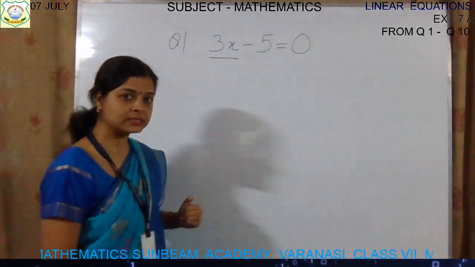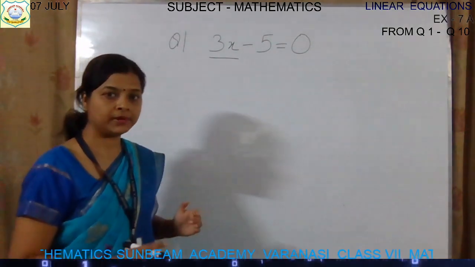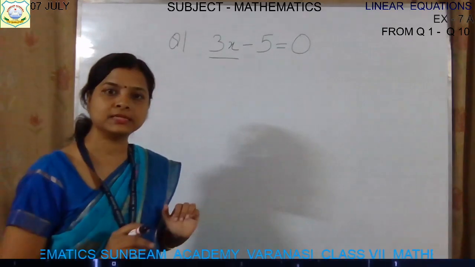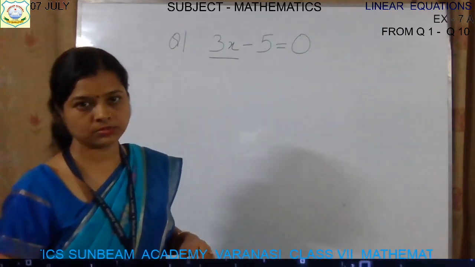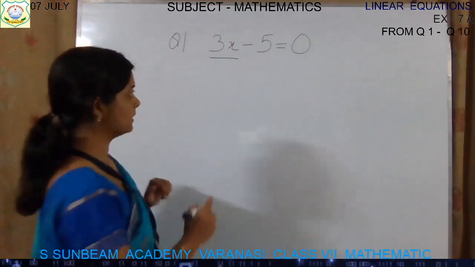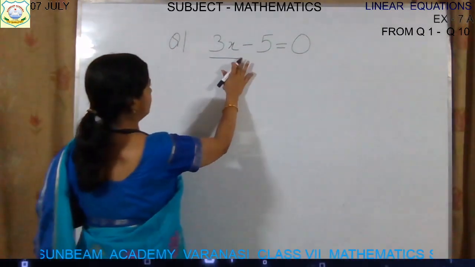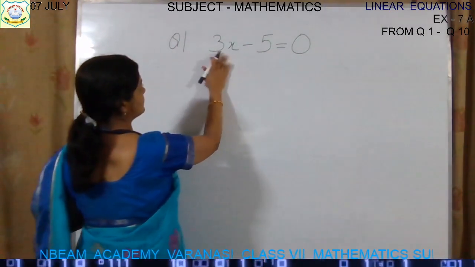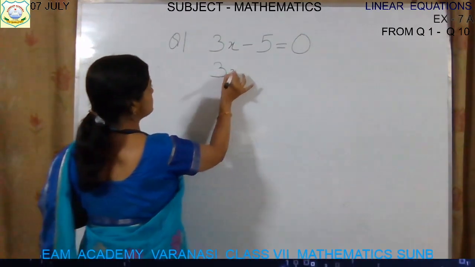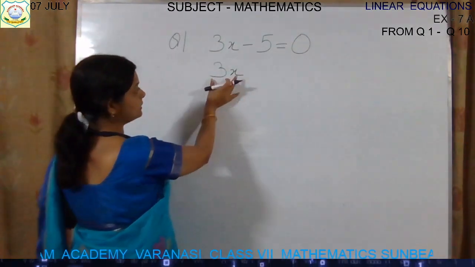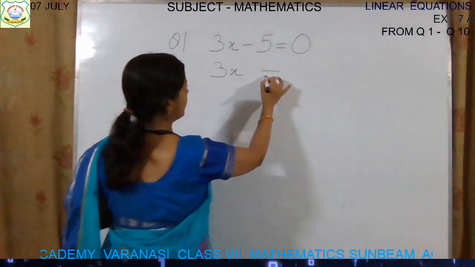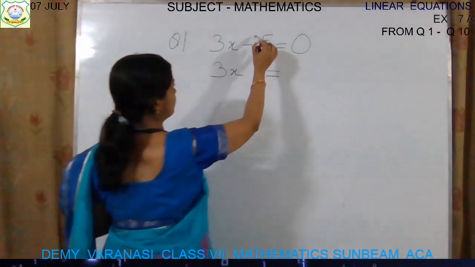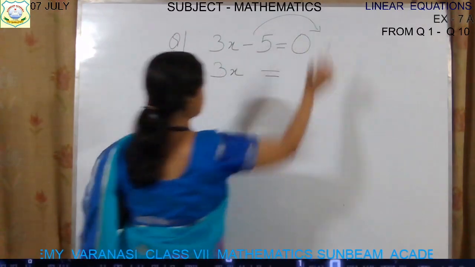So our first step should be to separate the variable on one side and the constant on the other side. So let's see how I will solve. I am writing 3x minus 5 so that the variable term 3x is on one side, and now I will transpose 5 to RHS.